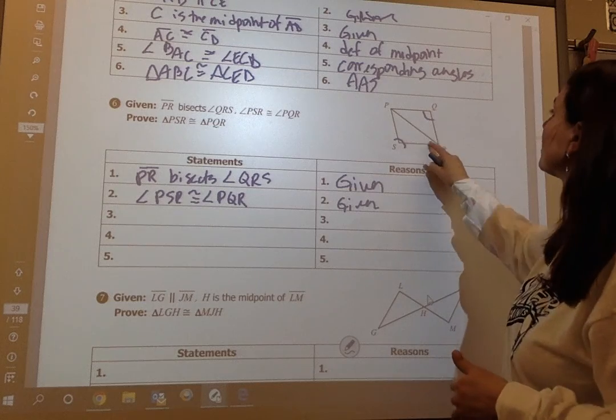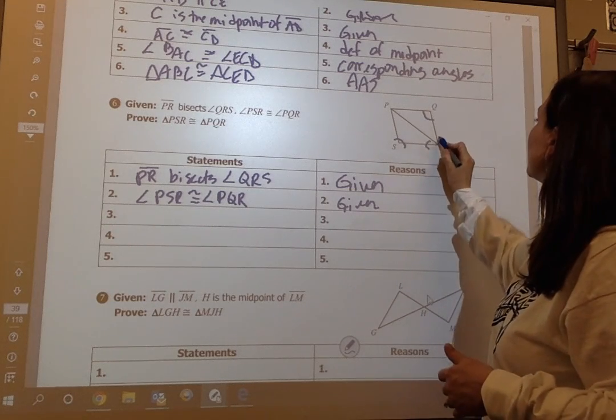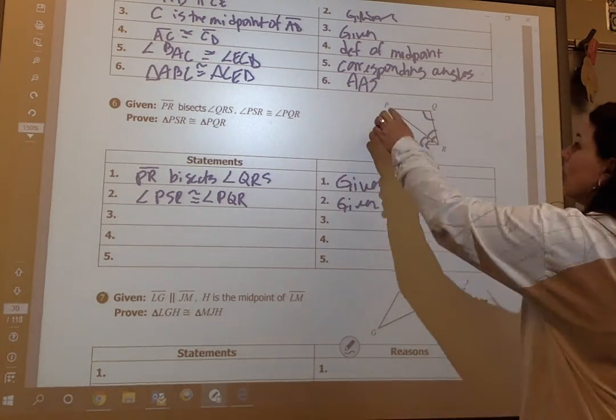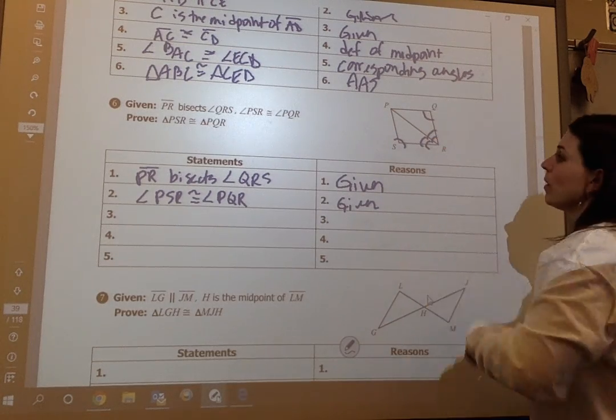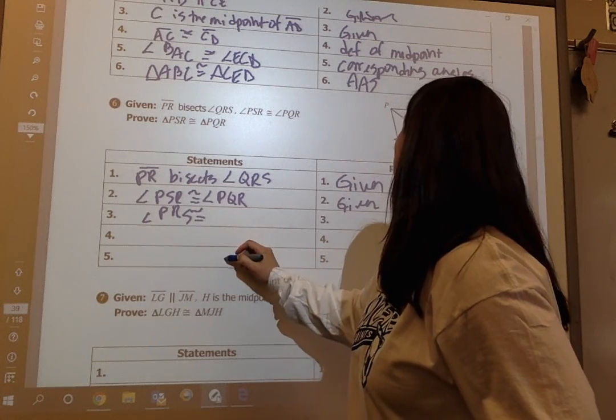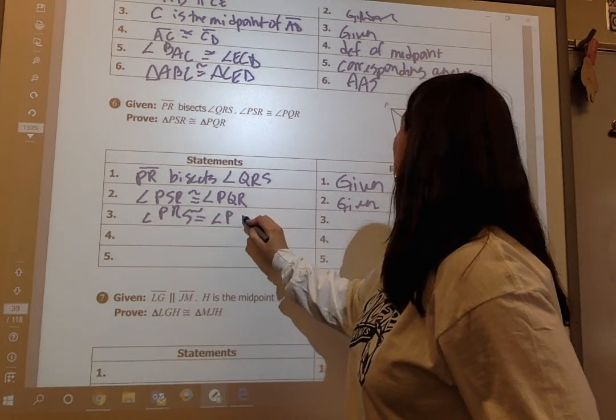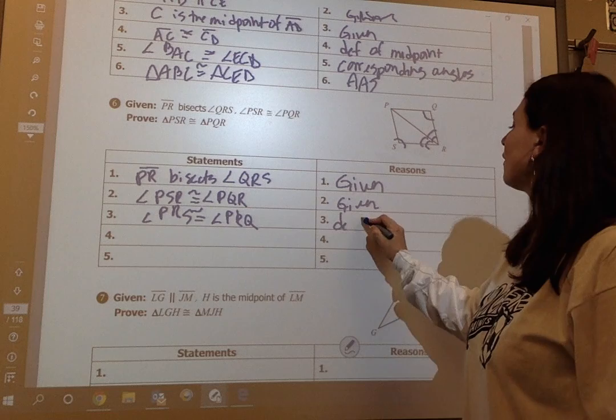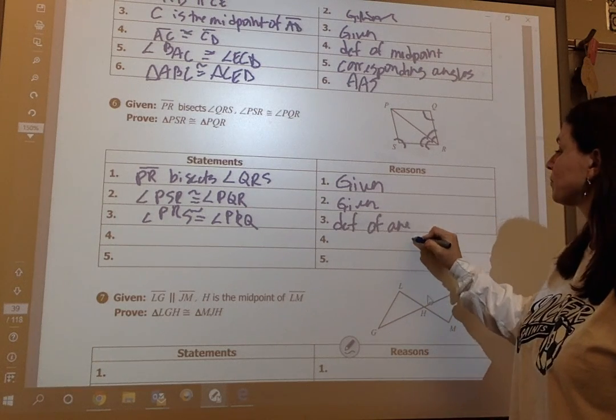PR bisects QRS, meaning it cuts that angle in half. PR is bisecting this angle. So now I can say that angle PRS is congruent to angle PRQ, and that's definition of angle bisector.